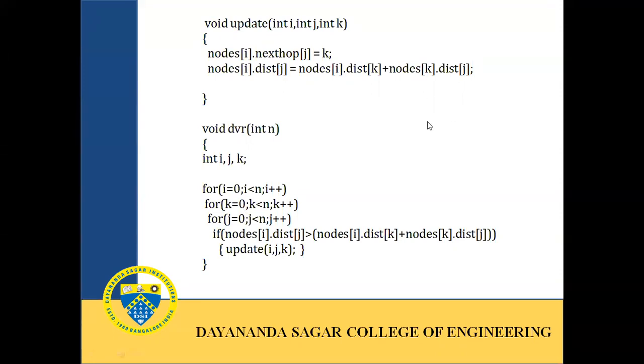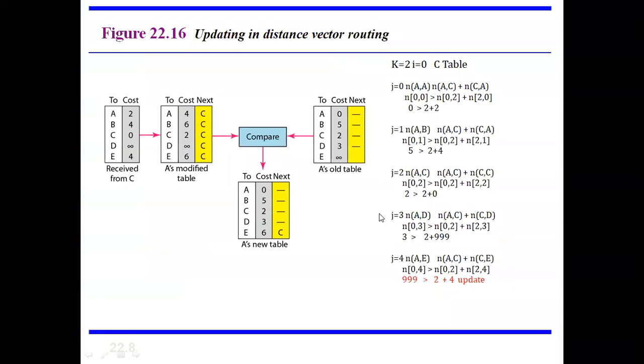And J indicates all the destination nodes. I equal to 0 means the node A. K equal to 2 means the C table has been sharing its table. K equal to 1 means the B table has been sharing its table. If it is 3, it means D table.